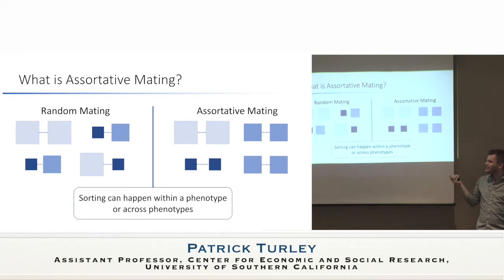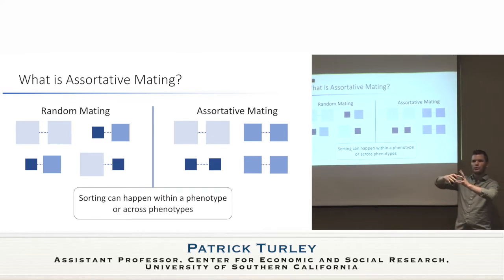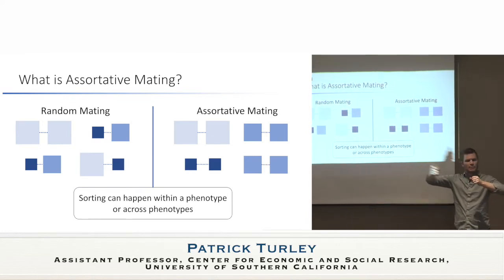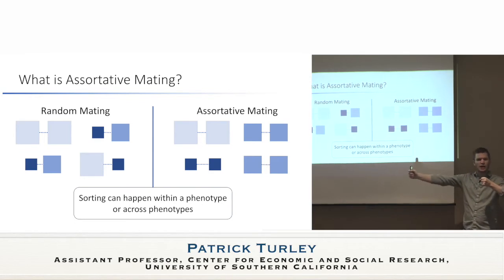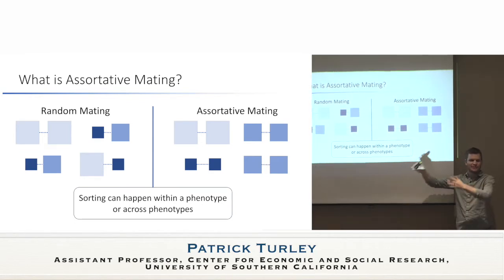I also want to highlight that sorting can happen within a phenotype. So you could have tall people who are more likely to mate with tall people, but you also could see sorting across phenotypes. So you could have tall people who are more likely to mate with neurotic people, or something like that. And both of those things will have different consequences. I also want to highlight one other thing about assortative mating.